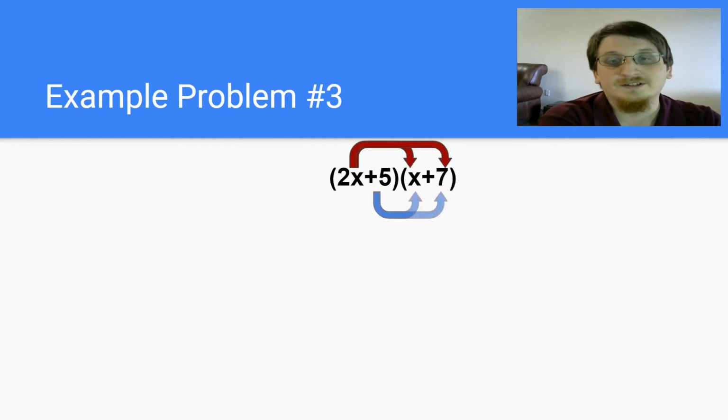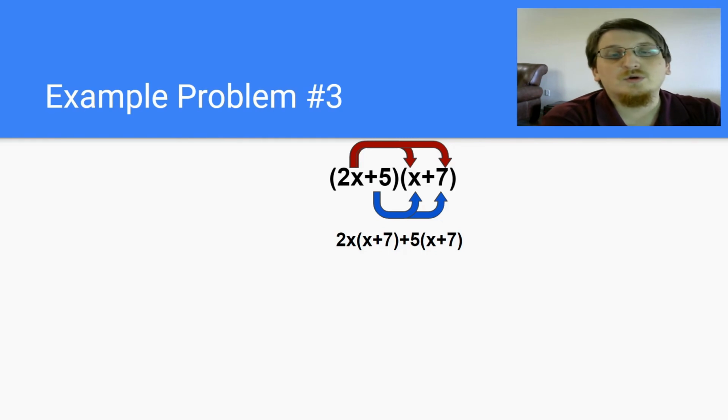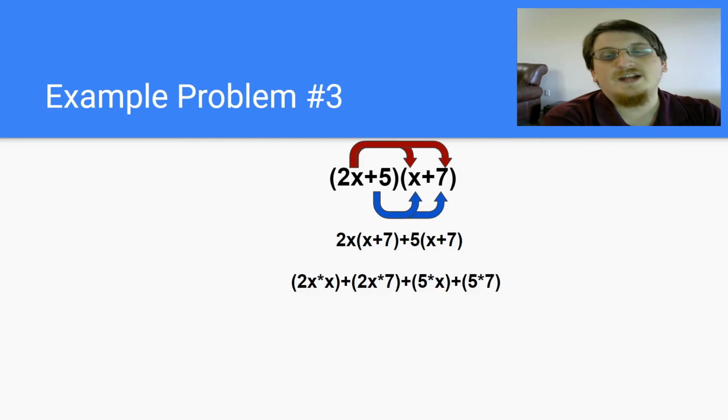Okay, so we're doing what we do with the other ones. We would simply multiply and distribute 2x times x plus 7, then multiply and distribute 5 times x plus 7. So when we distribute 2x times x plus 7, we would do both 2x times x and 2x times 7.